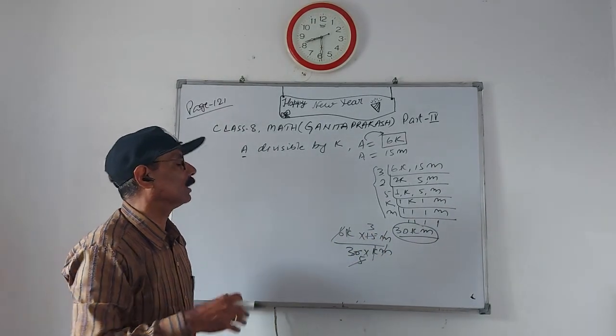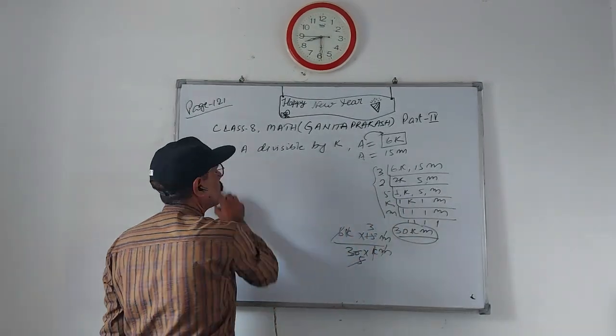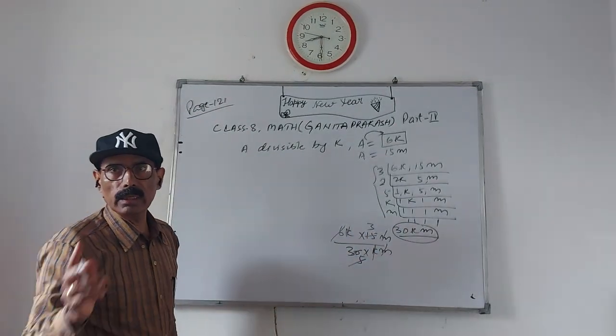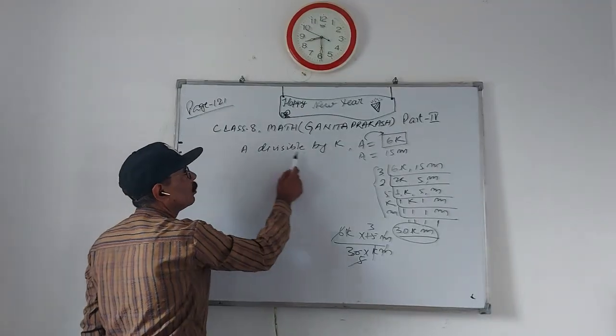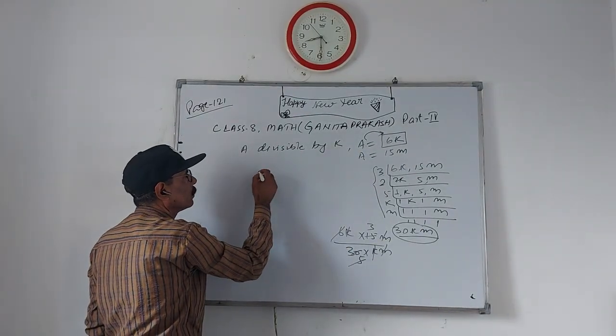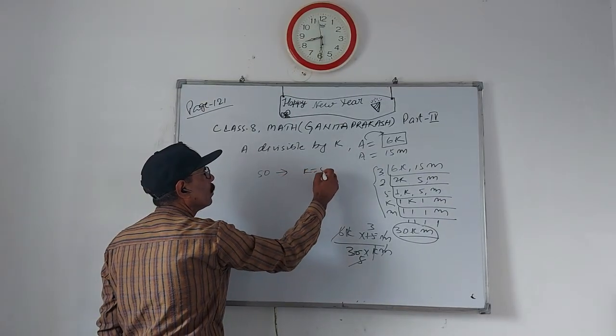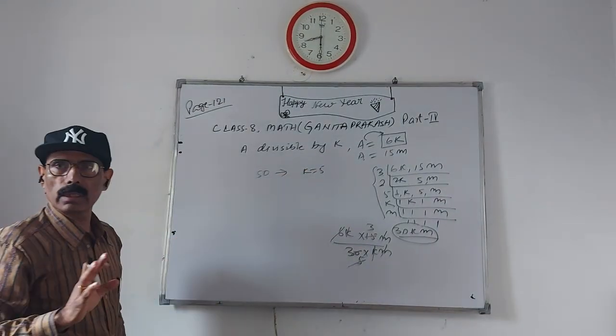So this is general. In numerical form we can understand it like this: A is divisible by K. Suppose the number is 50 and K is equal to 5. A is divisible by K. Yes, sir.